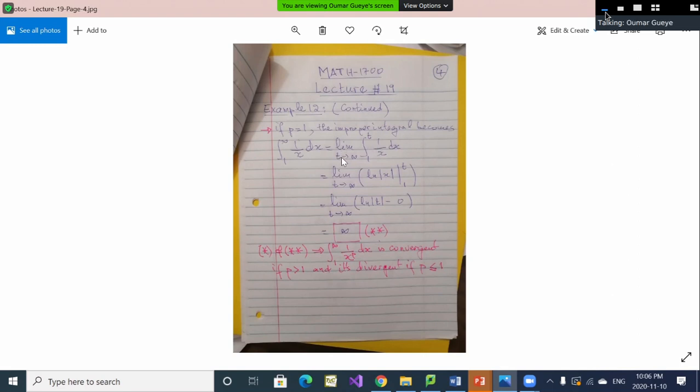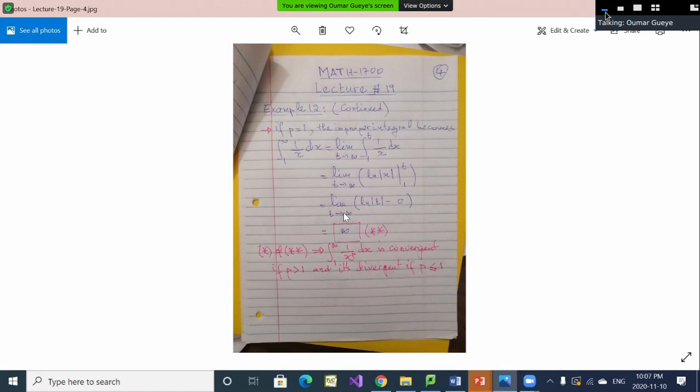It is going to be the limit when t is going to infinity of the integral from 1 to t of 1 over x. And 1 over x we know is the derivative of ln of the absolute value of x. So we take it at 1 and at t. So at t we get here ln of t, and at 1 we know ln of 1 is 0.